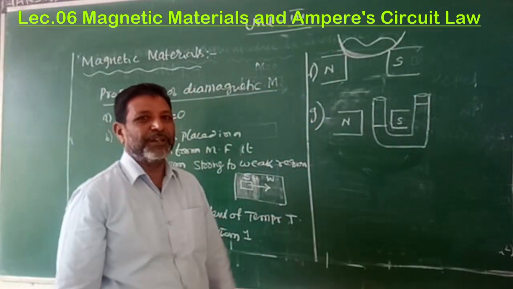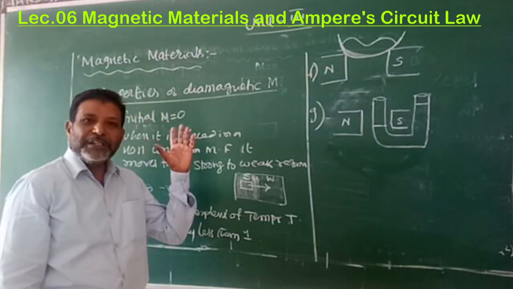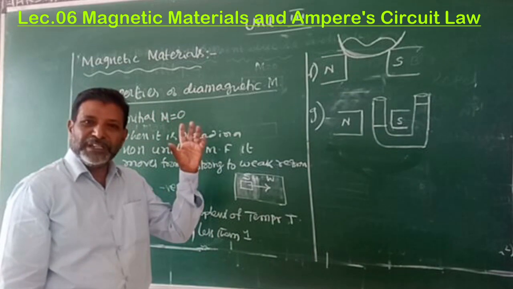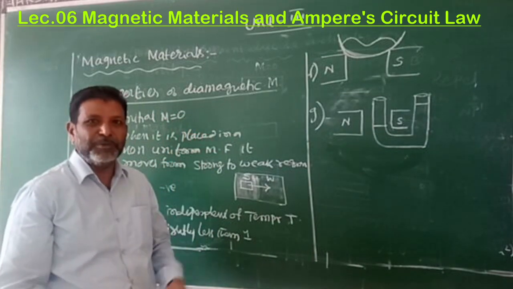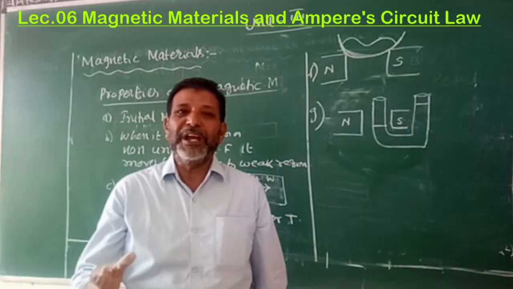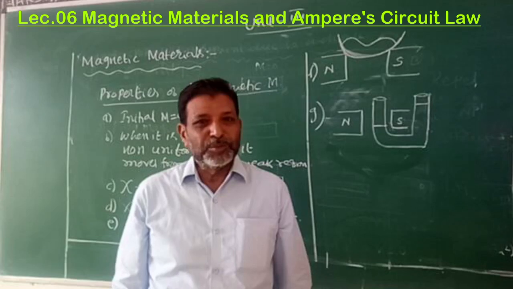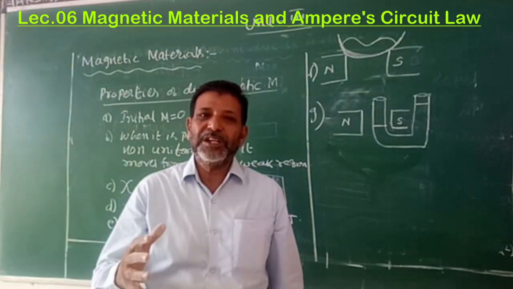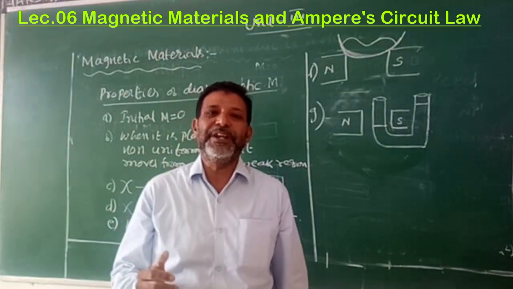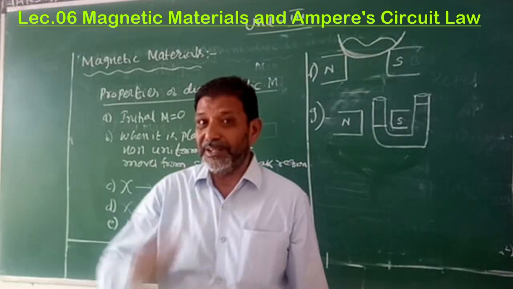Once again, repeat here. The first: in diamagnetic materials, the initial magnetic moment is zero. When such a material is placed in a magnetic field, a magnetic moment is produced in a direction opposite to that of the applied field. Hence, the diamagnetic material gets repelled.